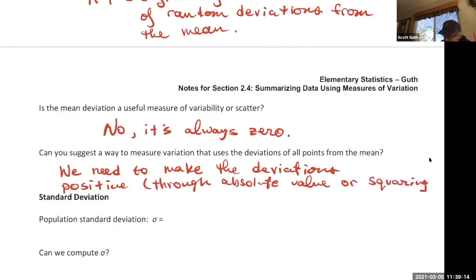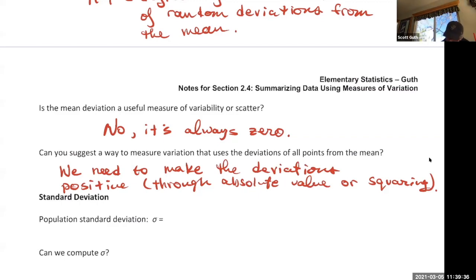It seems strange to square numbers, but if you square a negative, you get a negative times a negative, which is always positive. You multiply the number by itself. If you square a positive number, it comes out positive. So squaring is sort of like absolute value.